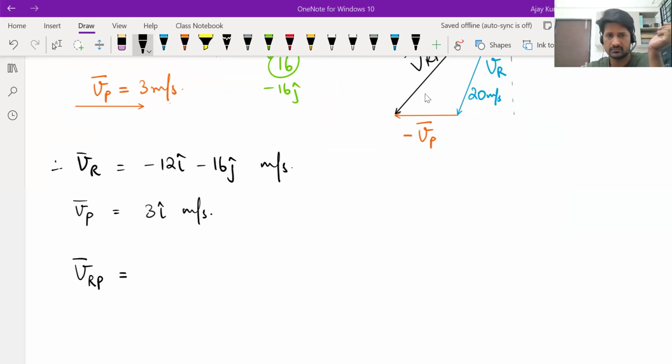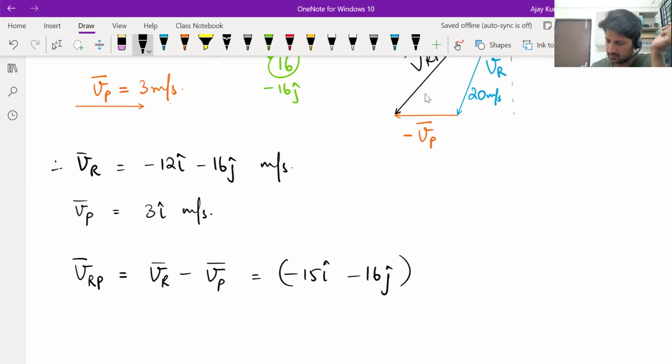Minus 15 i cap, minus 16 j cap. Okay. It's just velocity of rain minus velocity of person. VR minus VP, if you subtract that, it becomes minus 15 i cap minus 16 j cap meters per second.